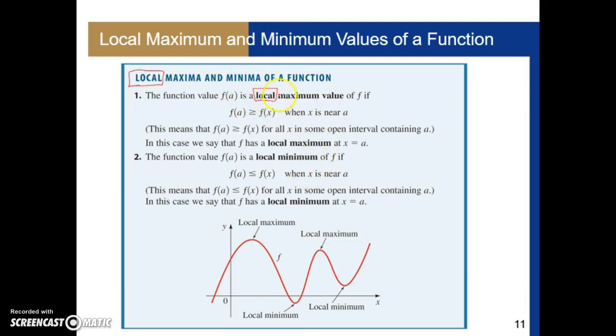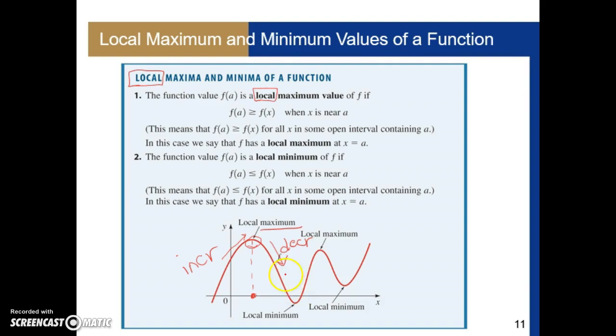So if we're looking for a local maximum, then we're looking for where the outputs of the function change from increasing to decreasing. So we can tell when we have a change of increasing to decreasing, we have a local max or a local min. And specifically, if we change from increasing to decreasing, we know that it was a maximum.